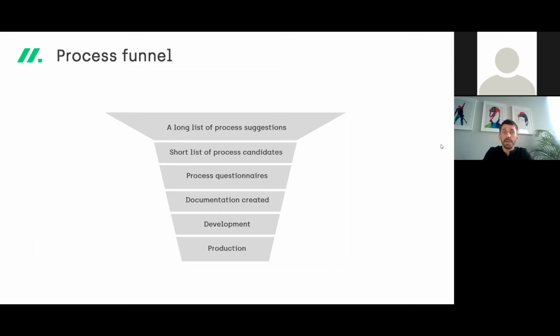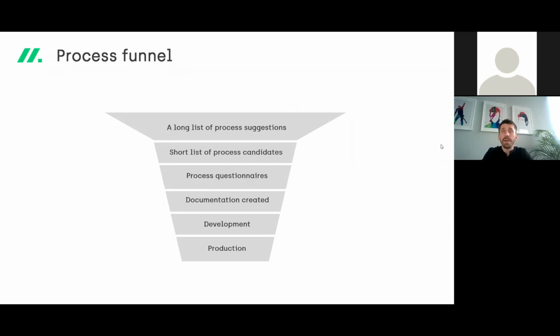Then we are filling the process questionnaire, which gives us answers for questions, for example, how many transactions we've got within the process, how complex is the process, how many applications we are using in this process, and so on.